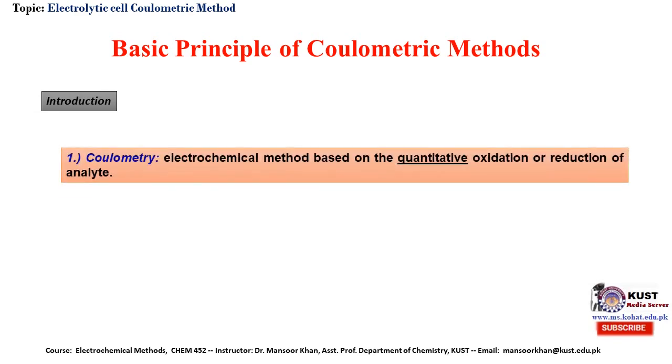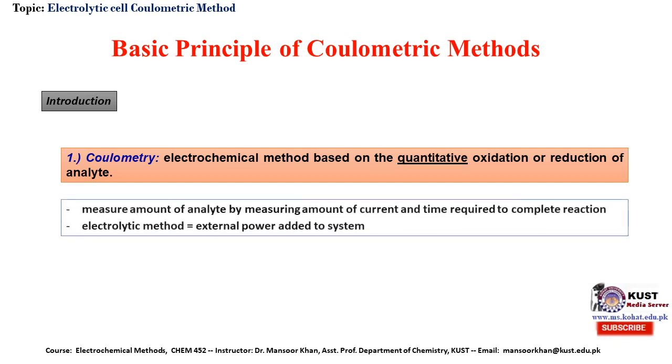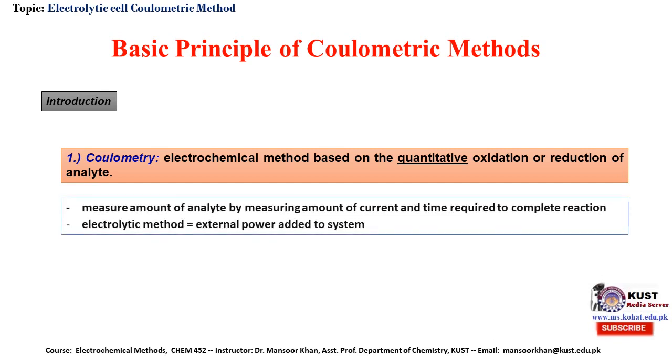A question arises: what is coulometry? Coulometry is an electrochemical method based on quantitative oxidation or reduction of an analyte. In coulometry, we measure the amount of analyte by measuring the amount of current and time required to complete the reaction.